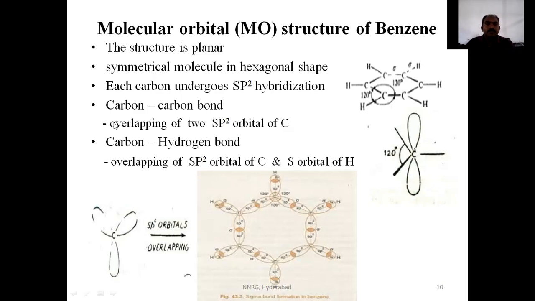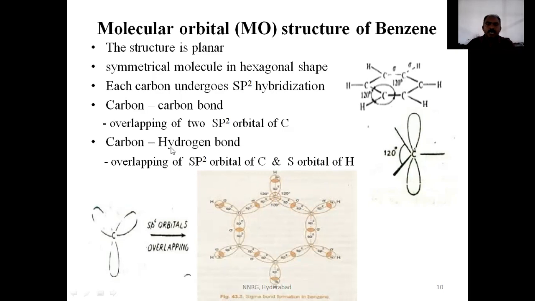So the carbon-carbon bond is formed by the overlapping of sp2 hybridized carbons. If you see this molecular orbital structure here, this carbon and this carbon have overlapping between these two sp2 hybridized carbons, so that it forms a sigma bond because it is an end-to-end overlapping.